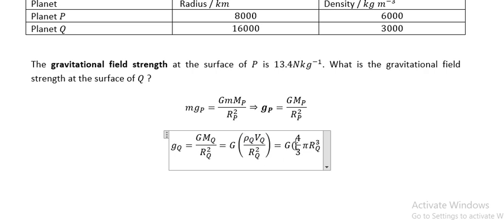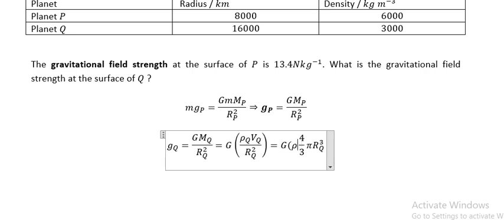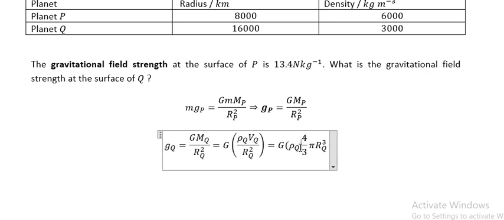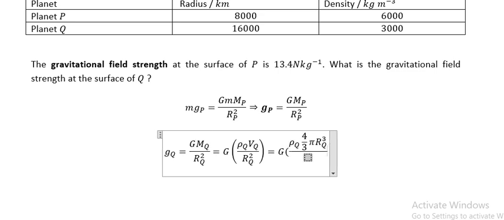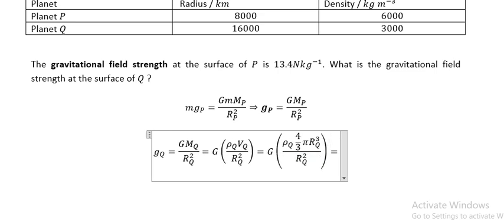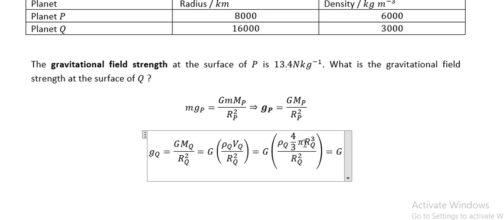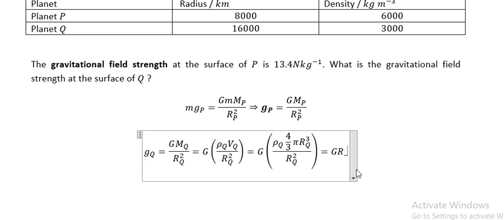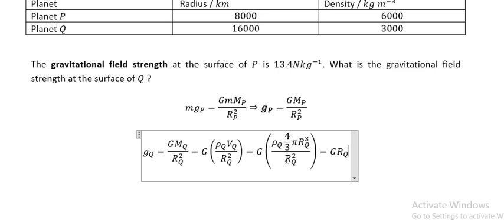So I'm going to have the density, let me put the density there, the density of Q. Here is the volume of Q, then we have to divide everything by the radius of Q squared. Now in simplification we are going to have G, the radius of Q will be in the numerator because it is cubed and it divides with squared, so we just have the radius.